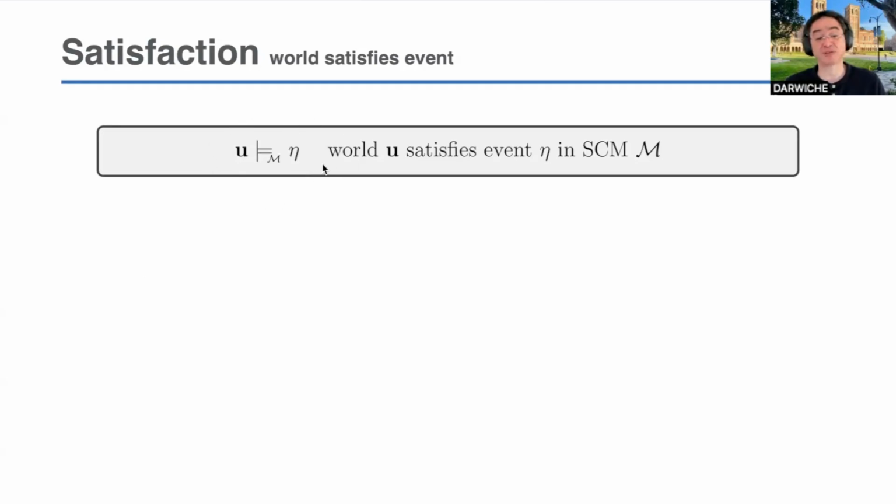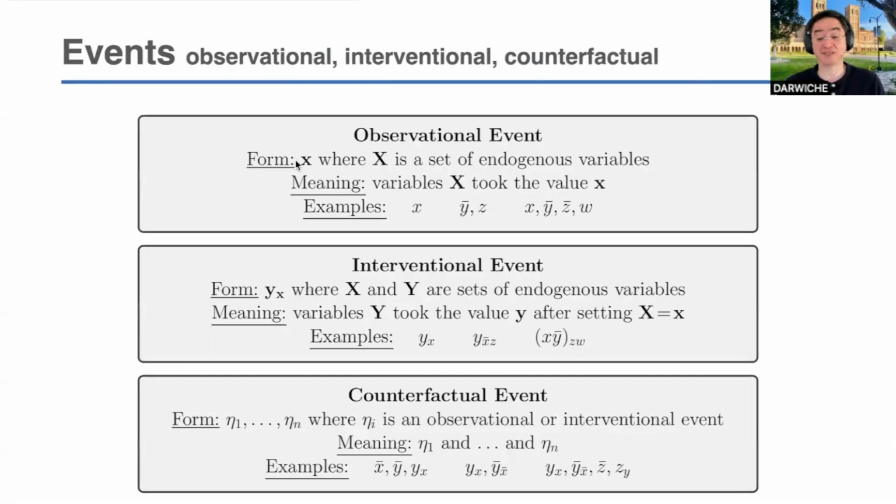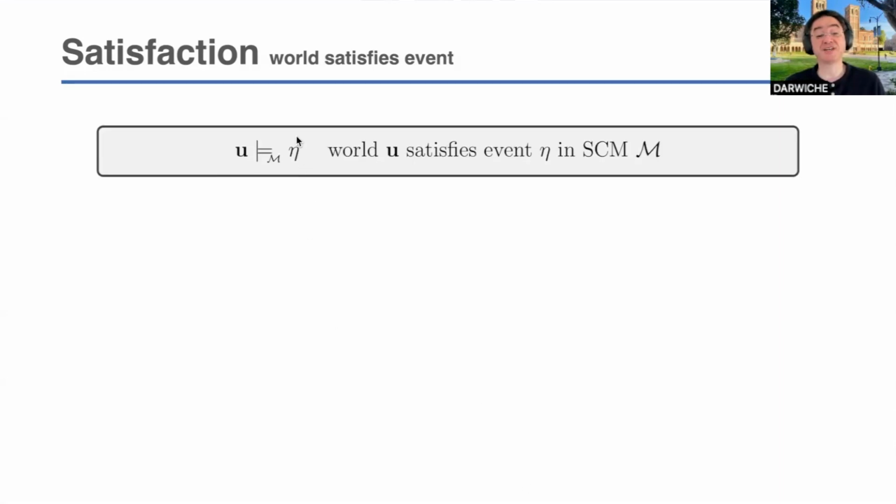This notation is very important. This is not standard notation, by the way. This refers to a world, a particular instantiation of the exogenous variables. This refers to an event, like this one, for example. And we want to talk about whether this event is true in that particular world. And everything is with respect to a particular structural causal model.